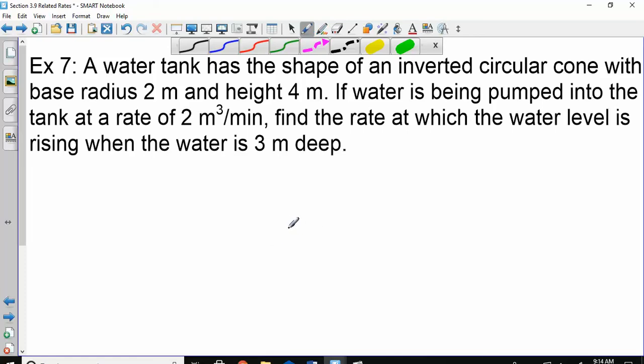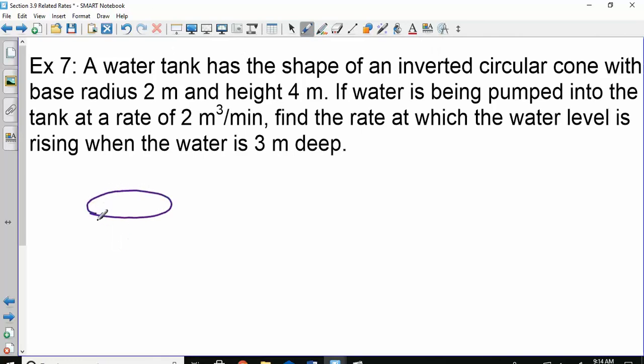Inverted means upside down. Circular cone. So it's like a party hat flipped upside down, or like a waffle cone for your ice cream. Okay, so it's just an upside down cone.